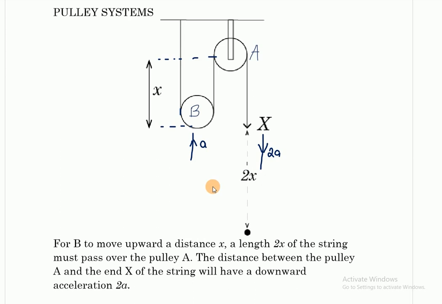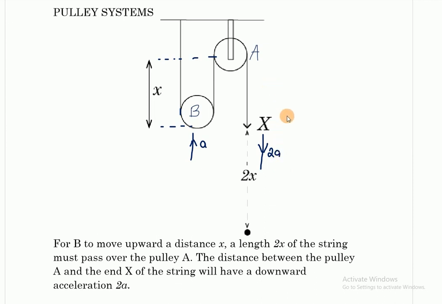Each arrangement is going to require different renderings, but as far as this arrangement is concerned, that's what we have. If this one is moving downwards with A, this one goes up with 2A.